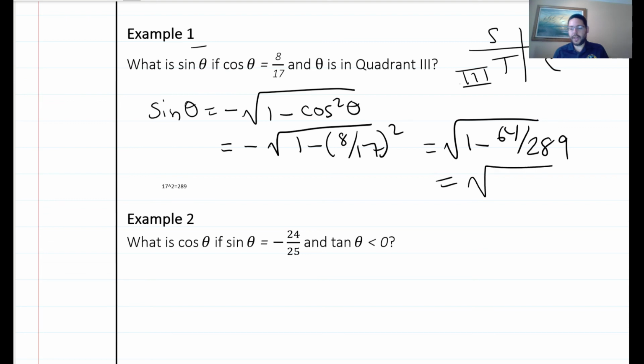Now we have to subtract those. Remember, to subtract those, we have a 1 over 1 here, so we need to convert this to a common denominator. We multiply by 289, top and bottom. So we have 289 over 289 minus 64 over 289.